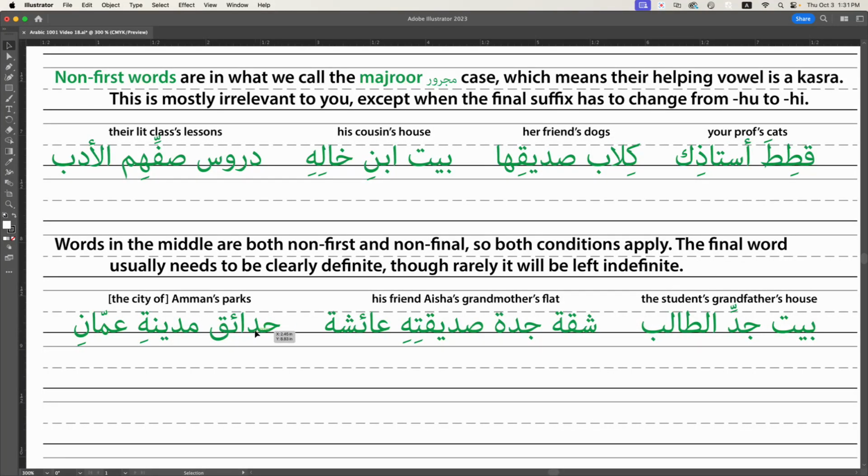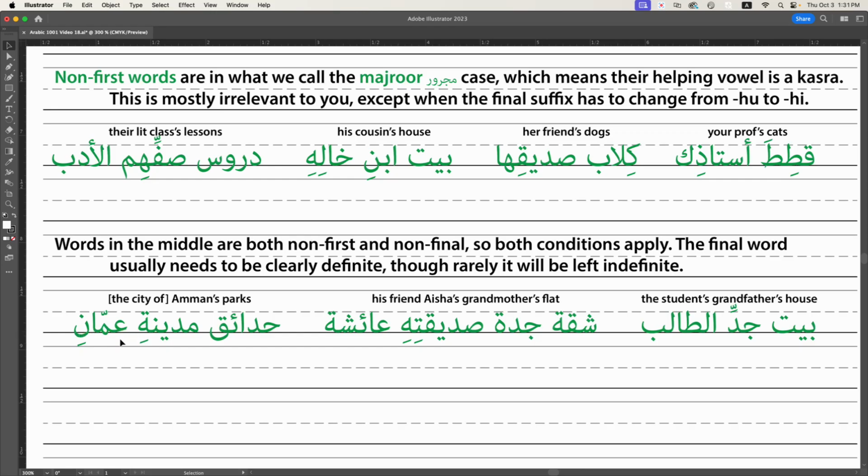Hada'iq is the plural of hadiqa. If you don't know these broken plurals, and it's a non-human noun, add at to make it plural. So hadiqa, hadiqat. Everyone will get you. It's like saying I have 3 childs instead of children. So hada'iq is parks or gardens. Medinati Amman.